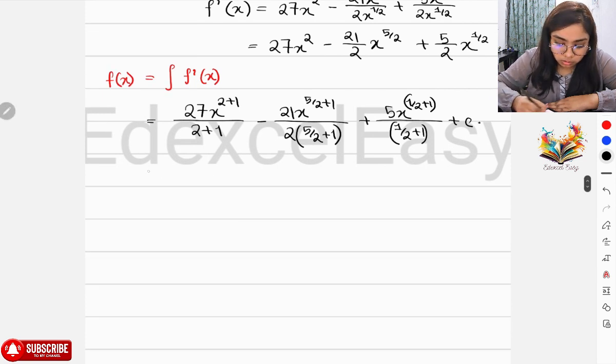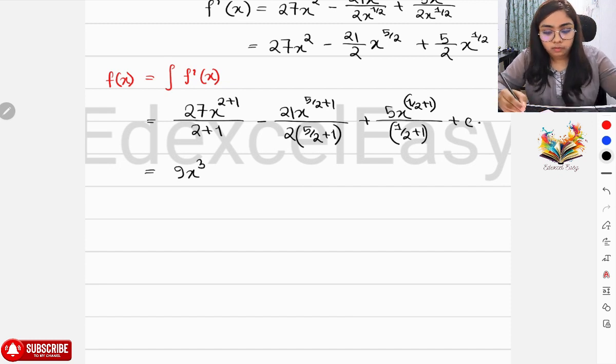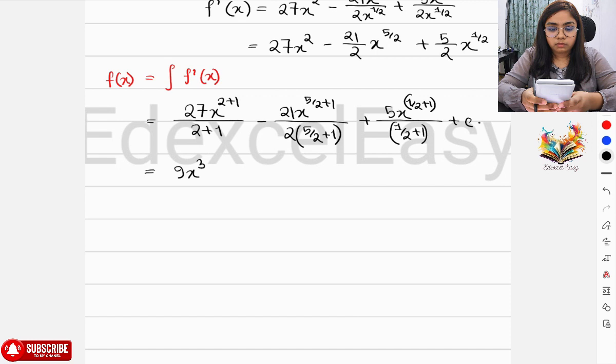So if you just simplify this at first, 2 plus 1 is 3, so 27 over 3 will give you 9. So it will be 9x to the power of 3. And then you have this 5 by 2, right? So 5 by 2 plus 1 should be 7 by 2, and that 21 divided by 7 by 2 should give you 6.